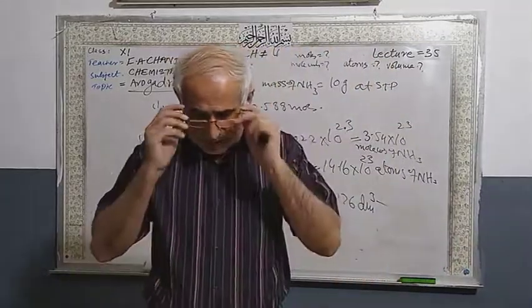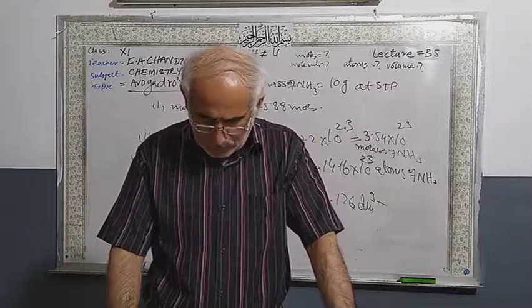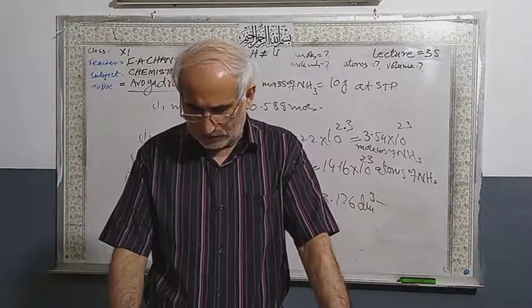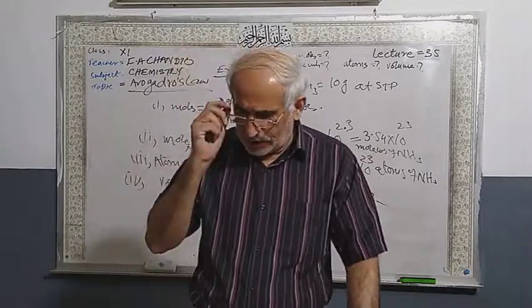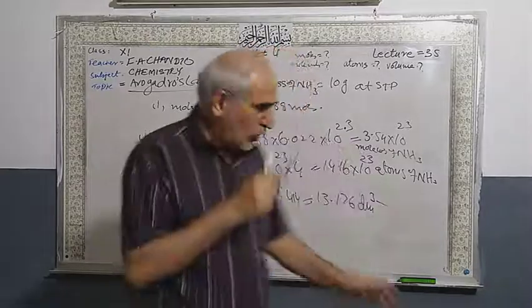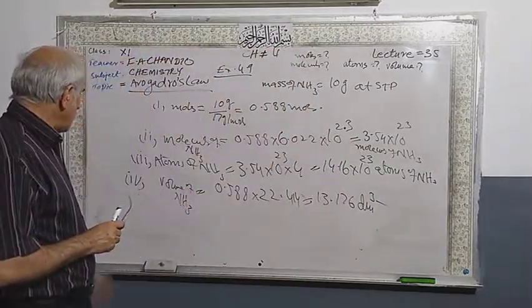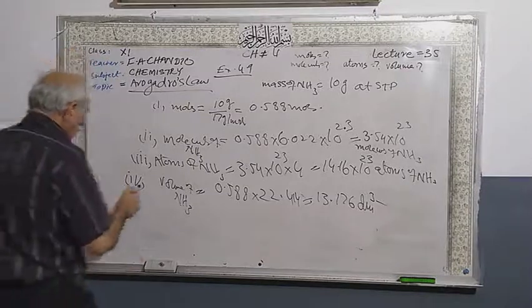So dear students, there is an activity. Students, you have to calculate yourself. This is homework for you. Calculate the number of molecules in 1 decimeter cube and 2 decimeter cube of oxygen. Molecules are equal to moles multiplied by Avogadro's number. So dear student, you have to calculate first the number of moles.